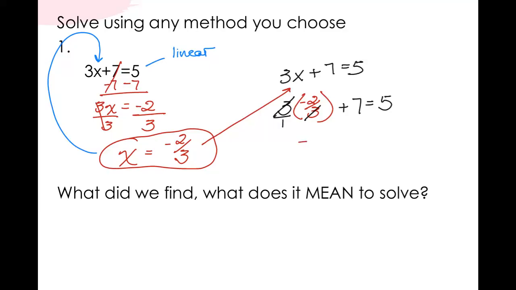You should end up with negative 2 plus 7 equals 5. And if I simplify on the left-hand side, I get 5 equals 5. Is that true? Yeah. So, what does it mean when we actually solve something?